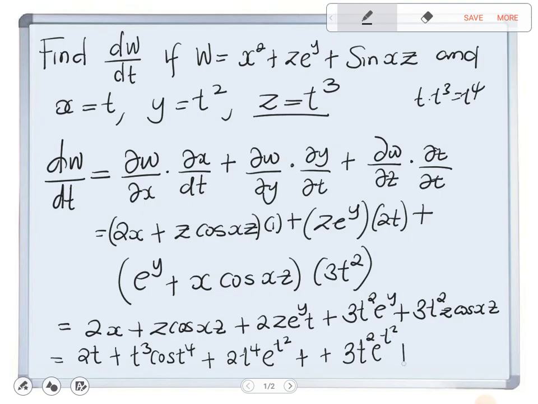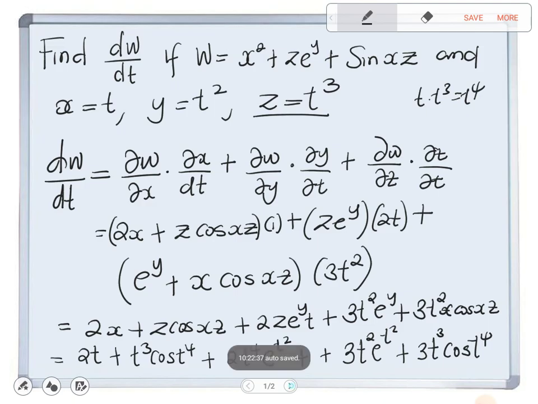Plus, here we have 3t squared, x, which is t, and cos xz, which we know is t to the power 4. Sorry, I forgot to write x here; it's x, and x is t. So that would be 3t squared, then we have cos of xz, which we know is t to the power 4.